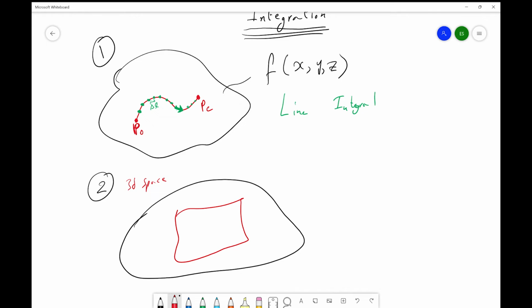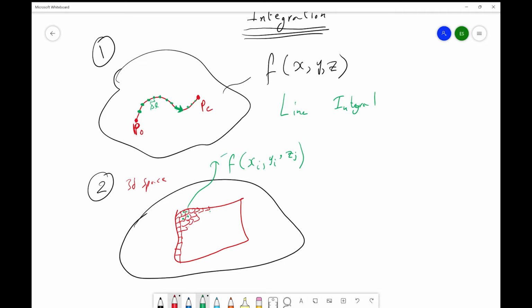And then I can take small squares on the surface. I'm not going to draw them all, just some of them. Then I can take the center point of each square, and sum f(xi, yi, zi), the values of the function at those points.